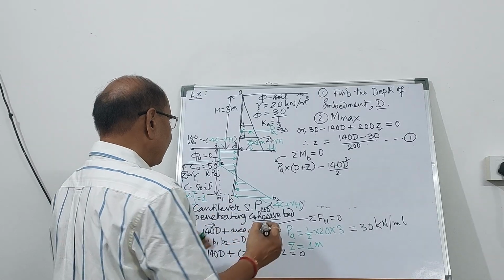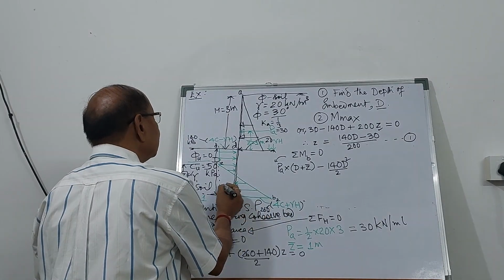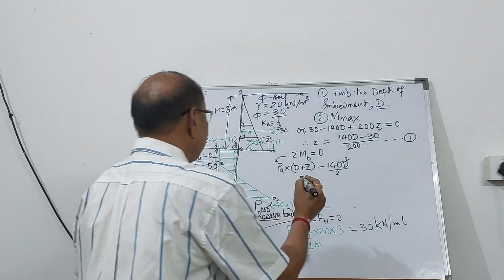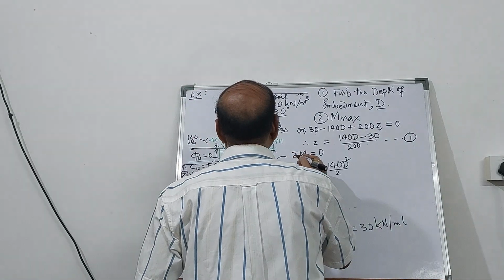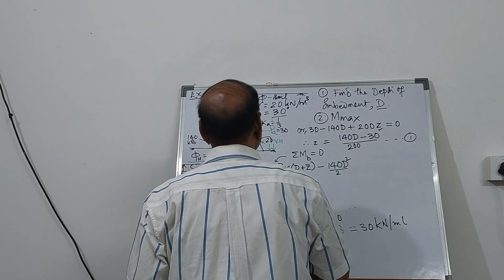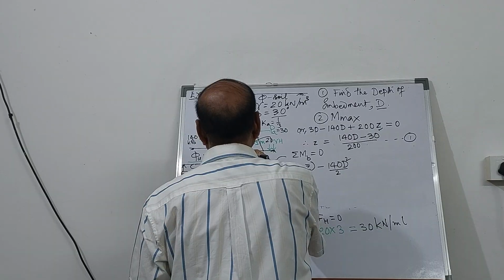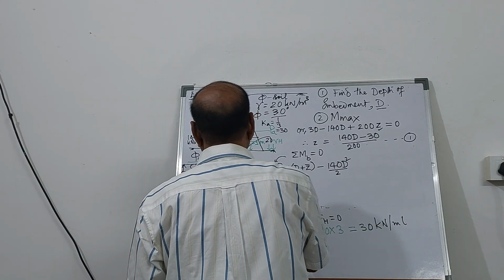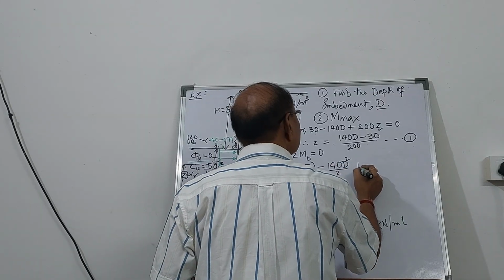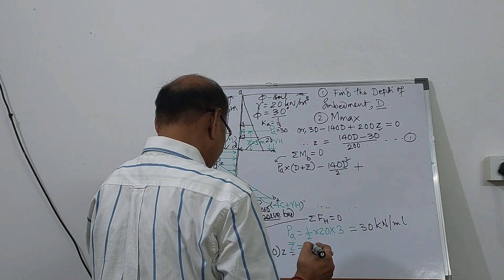Now, if I take the magnitude of this force, this is going to be creating an anti-clockwise moment. This was creating a clockwise moment. This will create an anti-clockwise moment. So plus. Now, what is that force?